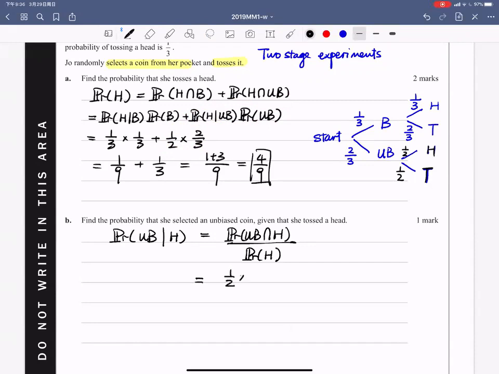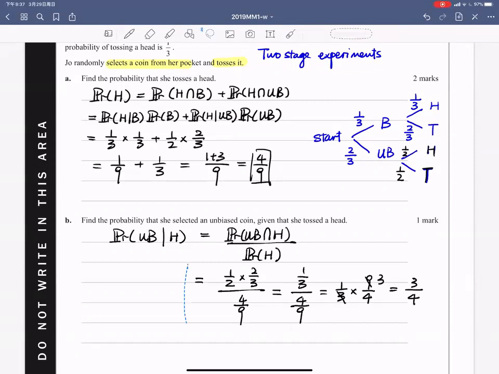This will be half times 2 on 3 divided by 4 on 9. The top will be 1/3 divided by 4 on 9, which is 1/3 times 9 on 4. Canceling down gives you 3 on 4. That's your answer.